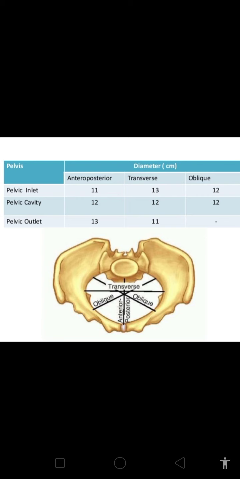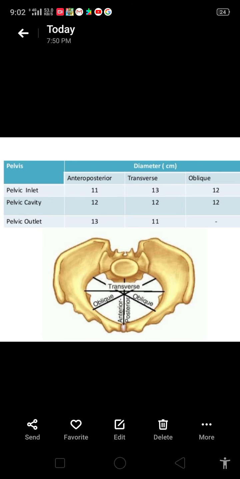They have three diameters: the anterior posterior diameter, transverse diameter and oblique diameter.